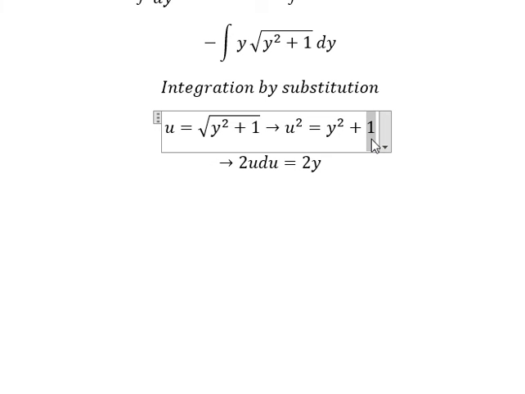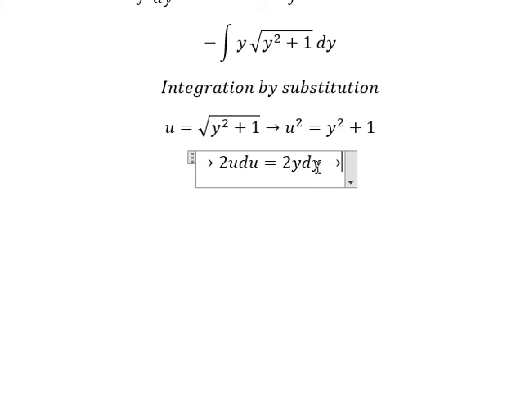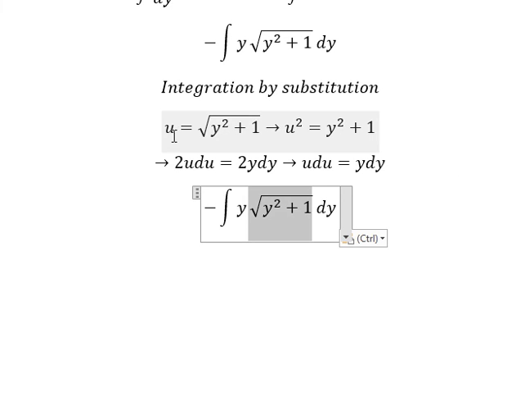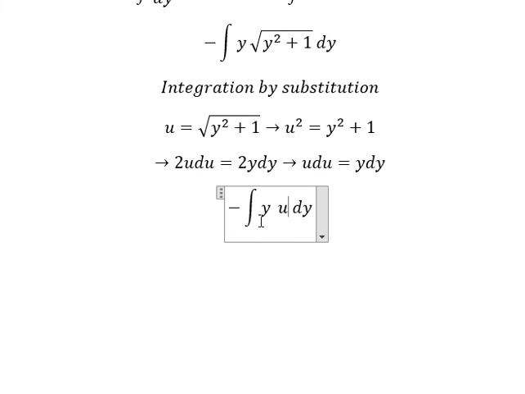This one, that is about the constant. So you got 0 in here. Later that, we divide both sides by number 2. The square root we change by u. y dy we change by u du.